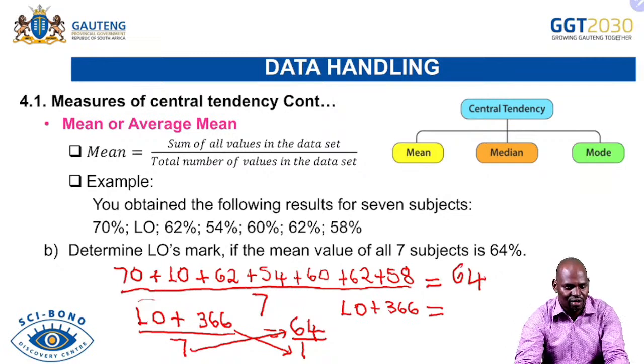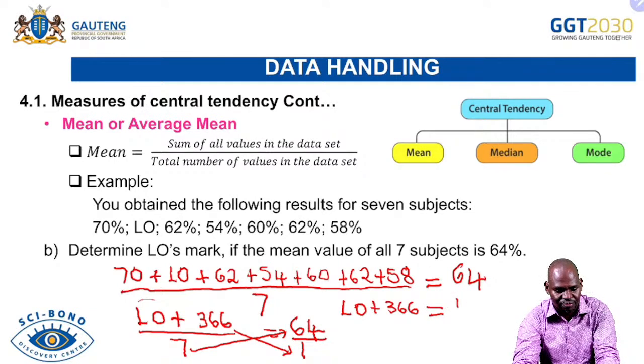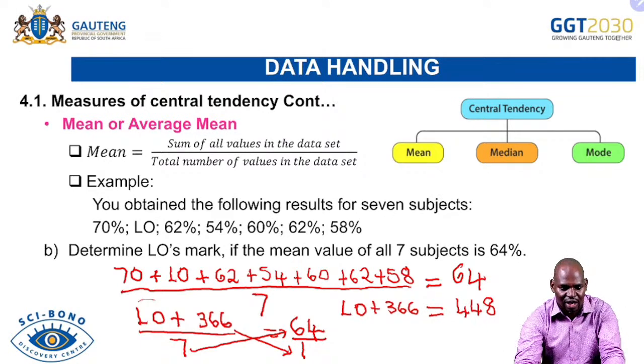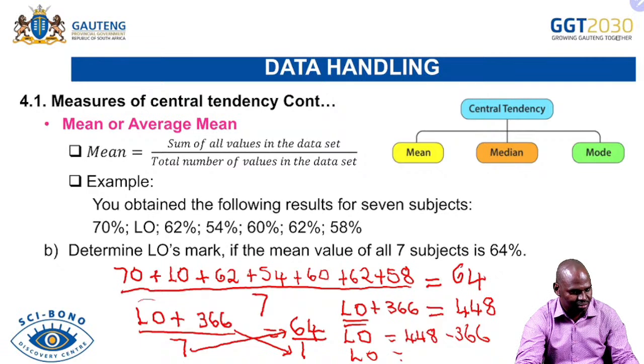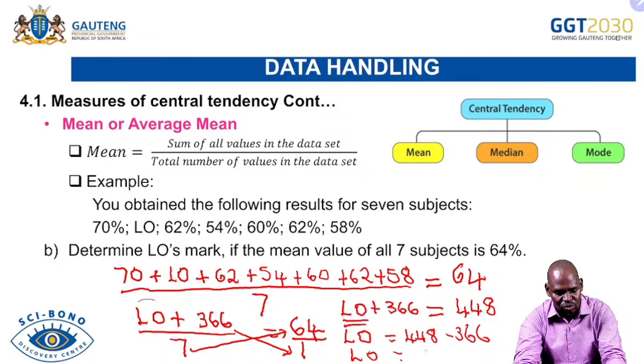Then the bottom one multiplied by the top one on the other side: if I take 7 and multiply by 64, I get 448. Now we are looking for the value of LO. So therefore LO equals 448 minus 366, and the value of LO is 82.